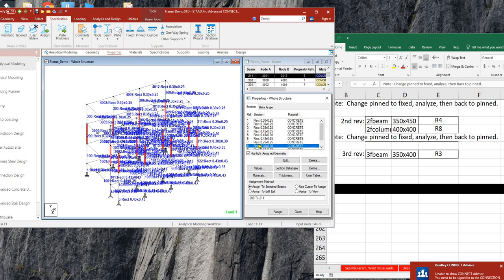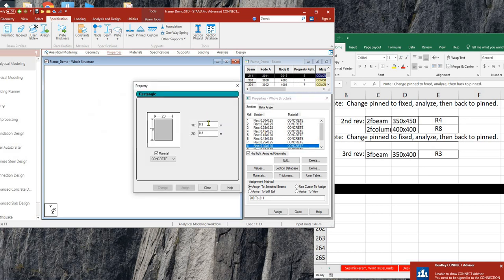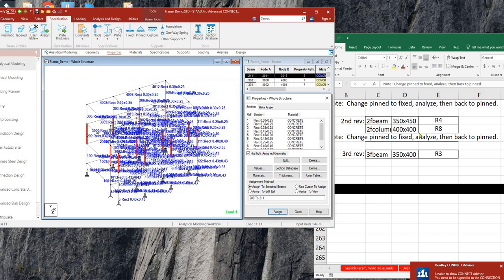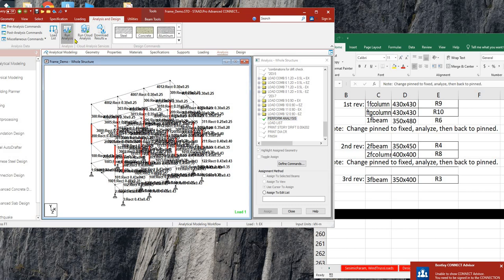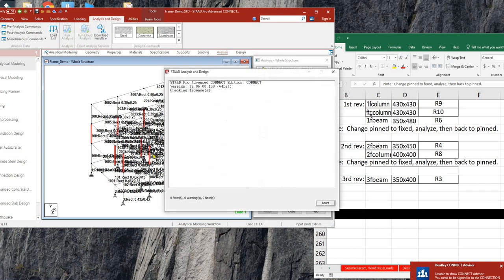Ayan. Change this to 0.4 by 0.4. Then, analyze again. And then, check for drift again.